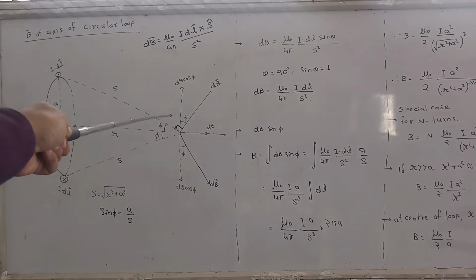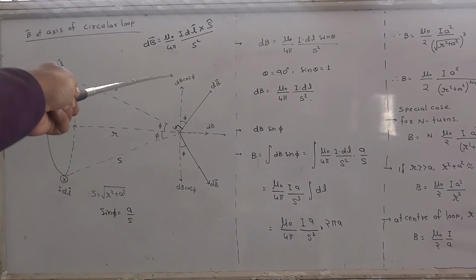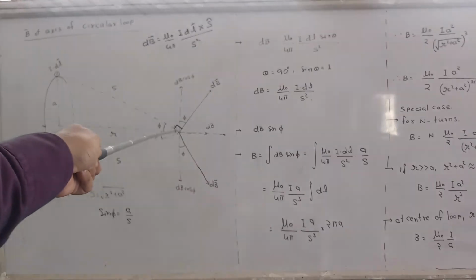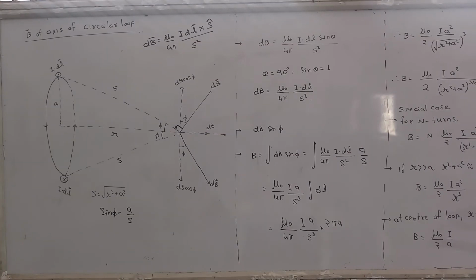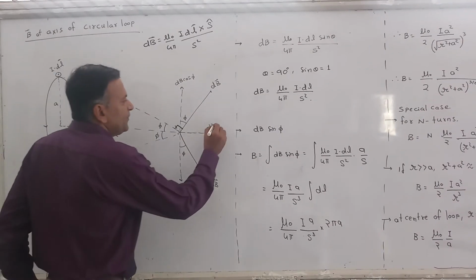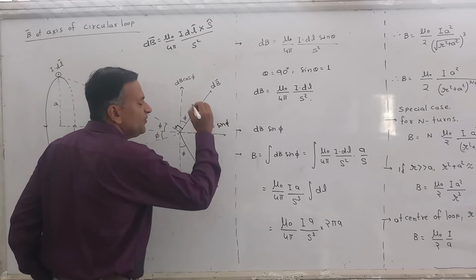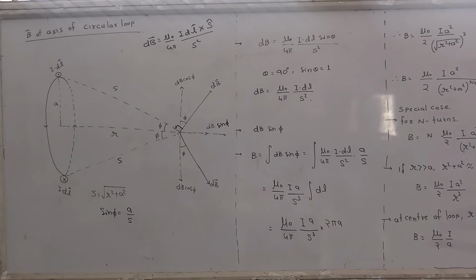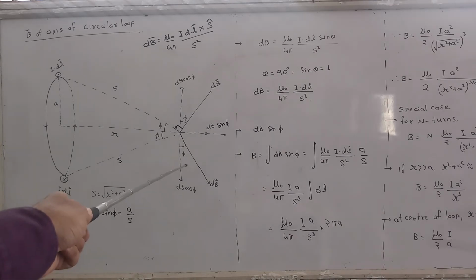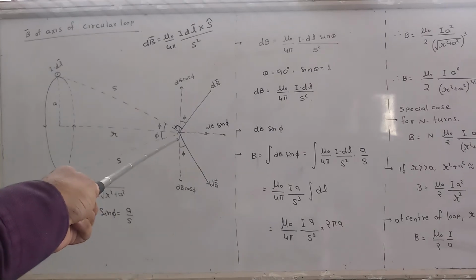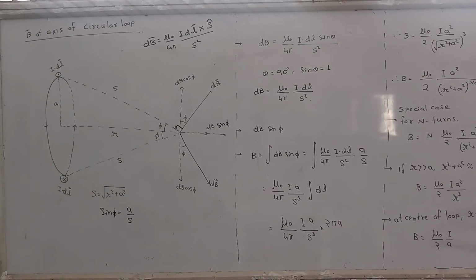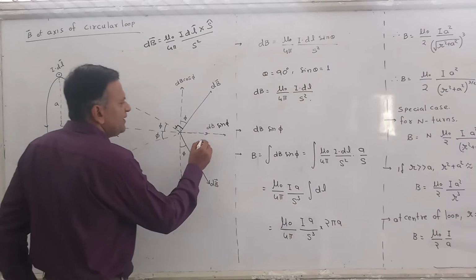Resolving dB: this is dB, this is phi, this is dB cos phi, and this will be dB sin phi. Again, this angle is also phi for the same reason. Again resolving this dB, this is phi, this is dB cos phi, and here it will again be dB sin phi.